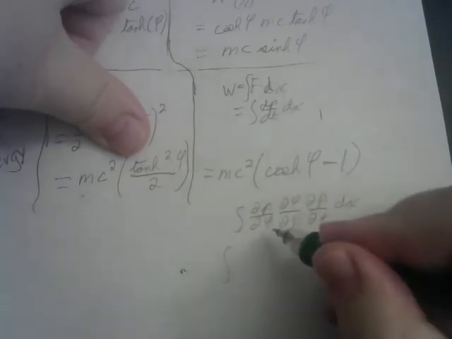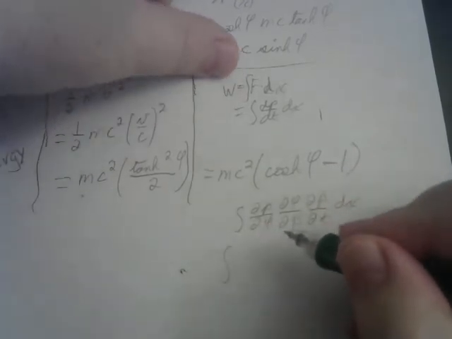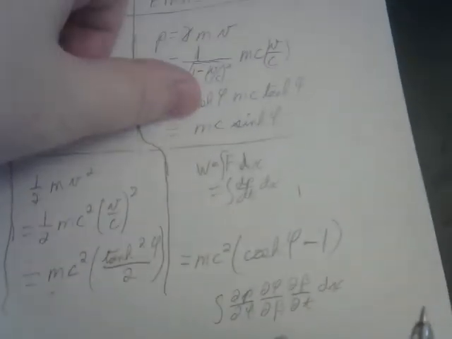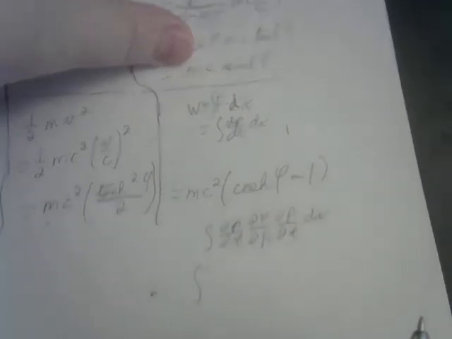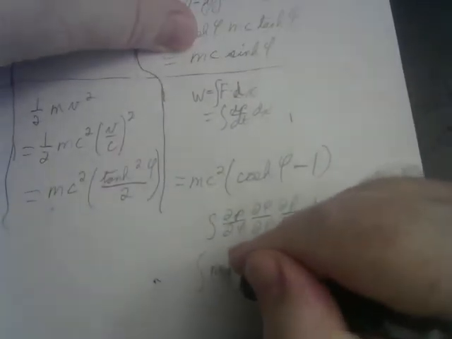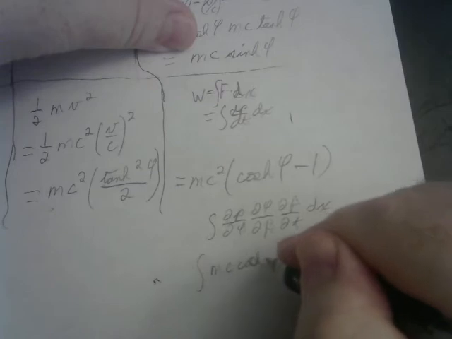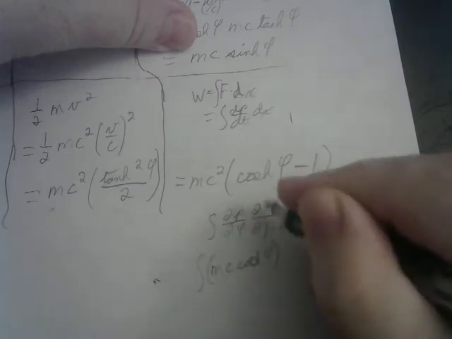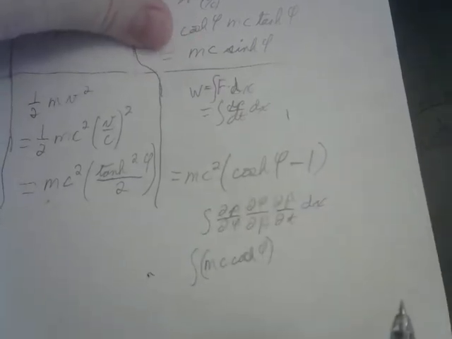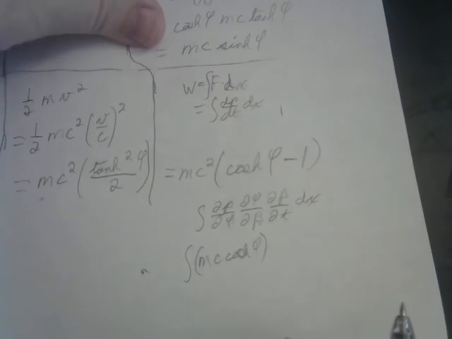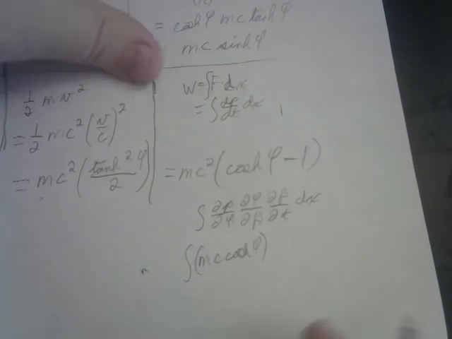dp d phi is based on the mc sinh phi up here, so it is just going to be mc cosh phi. d phi d beta has to do with the derivative of the hyperbolic arctanh.